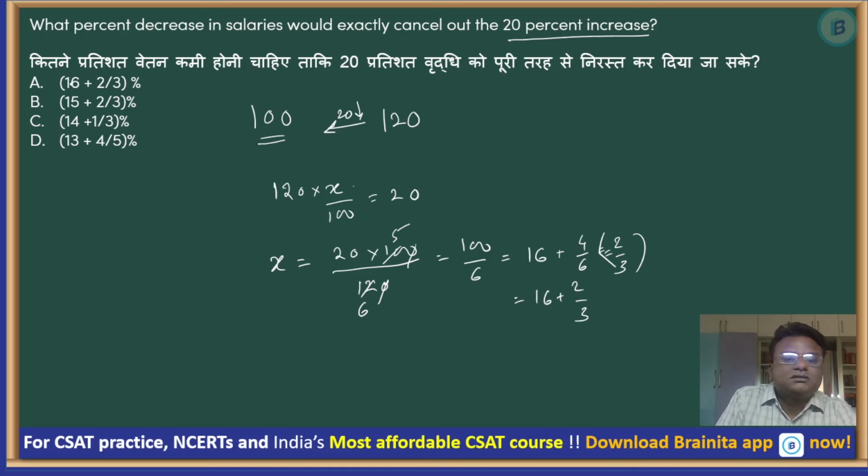That's our answer. See, one of the things that is different in CSAT than SSC or other government exams is that the questions are always concept oriented. Okay, you generally won't get a complicated calculation question, although I have included a couple of such questions in this video.